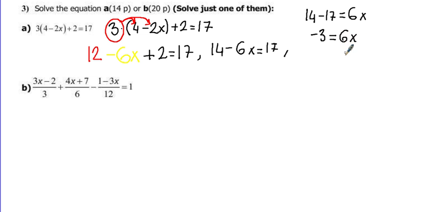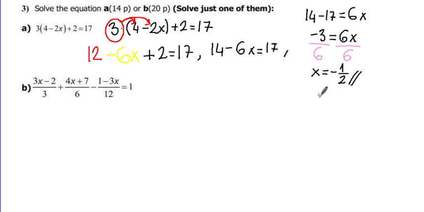It's equal to 6x. If we divide both sides by the coefficient of x, we will get x is equal to negative 1 over 2, which is the root, which is the solution of the equation.